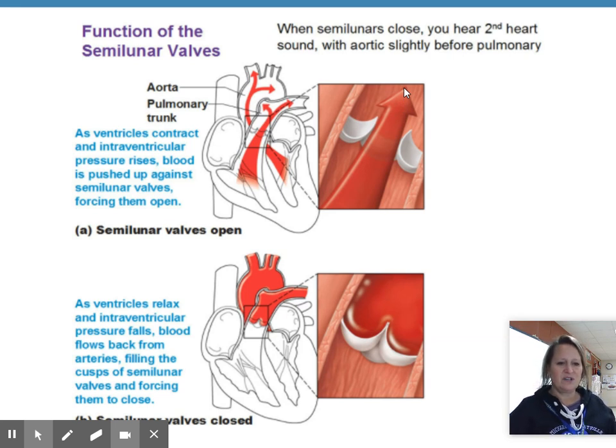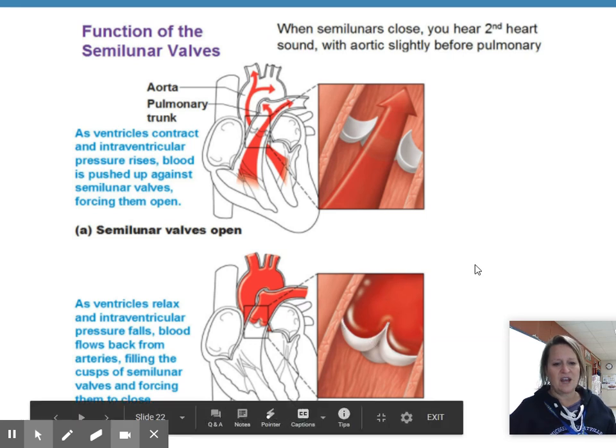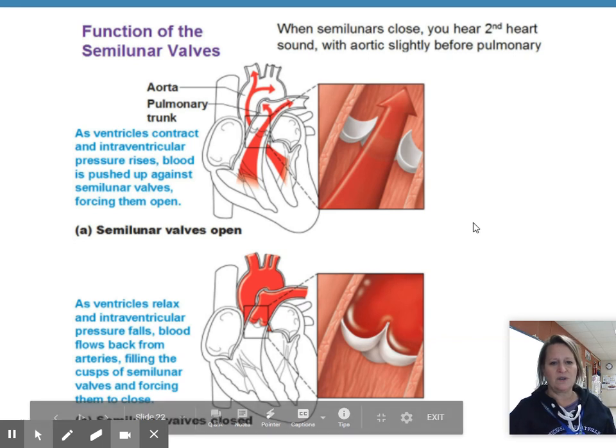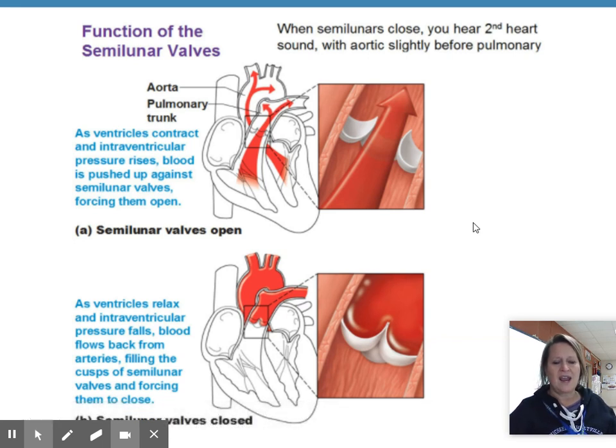And then when the ventricles relax, the pressure has fallen, and in addition to that, we have gravity, which is causing blood to shut those valves. So that's how the semilunar valves work. So it's both pulmonary semilunar and the aortic semilunar.